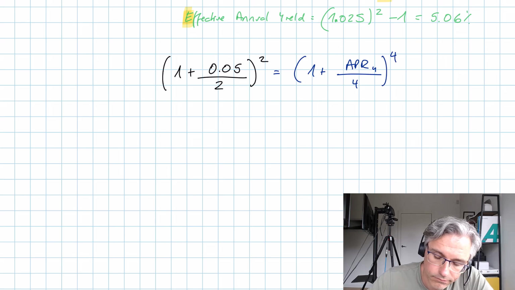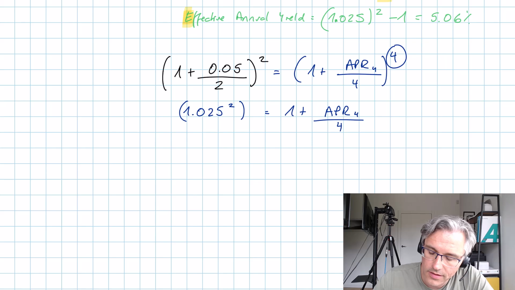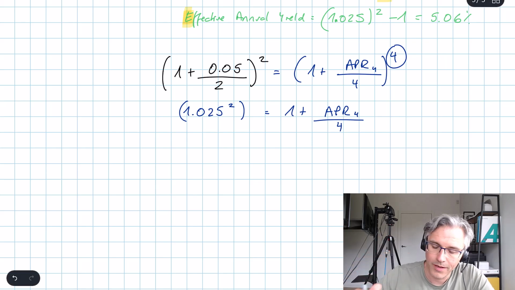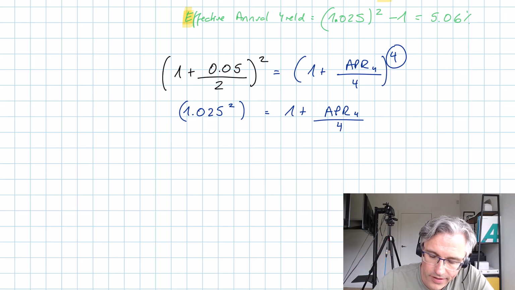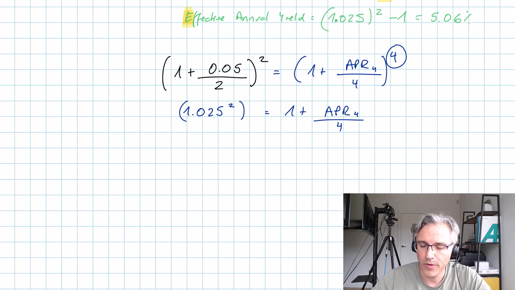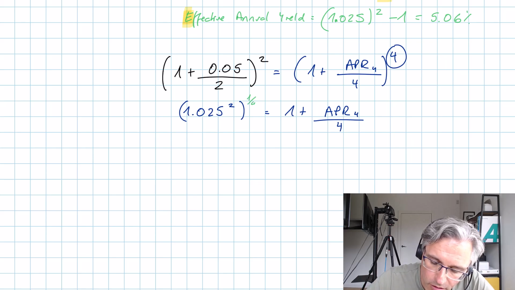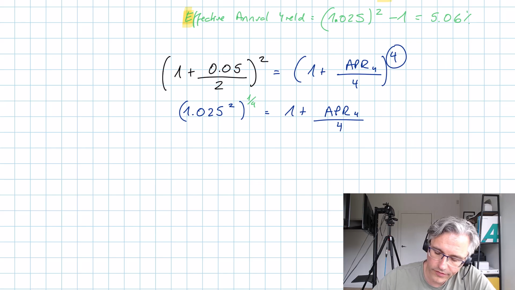And let's say this is 1.025 squared equals 1 plus APR divided by 4. I'm going to take the exponent of 4 and get rid of it by taking the root from both sides. So I'm going to say 1 over 4 over here on the left-hand side.